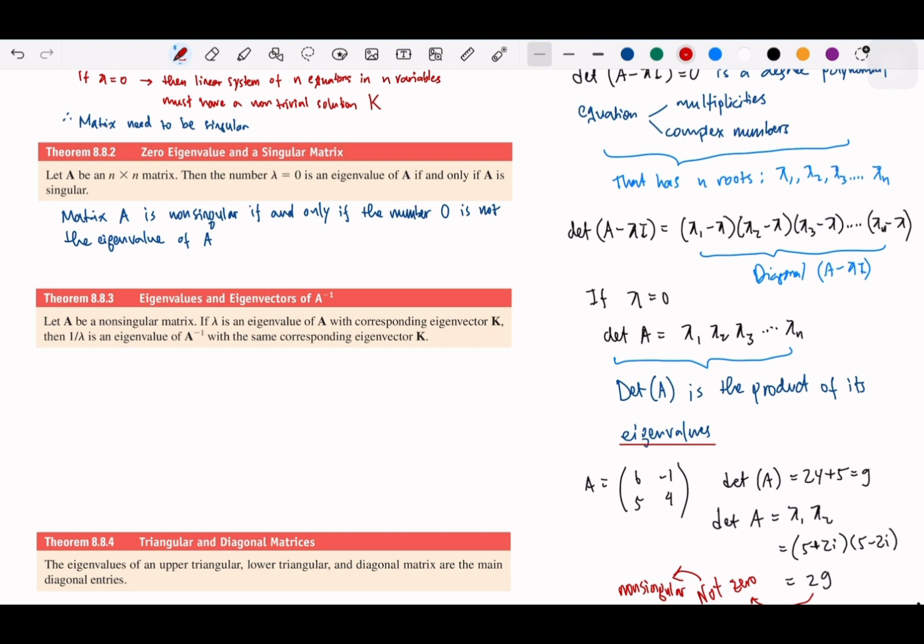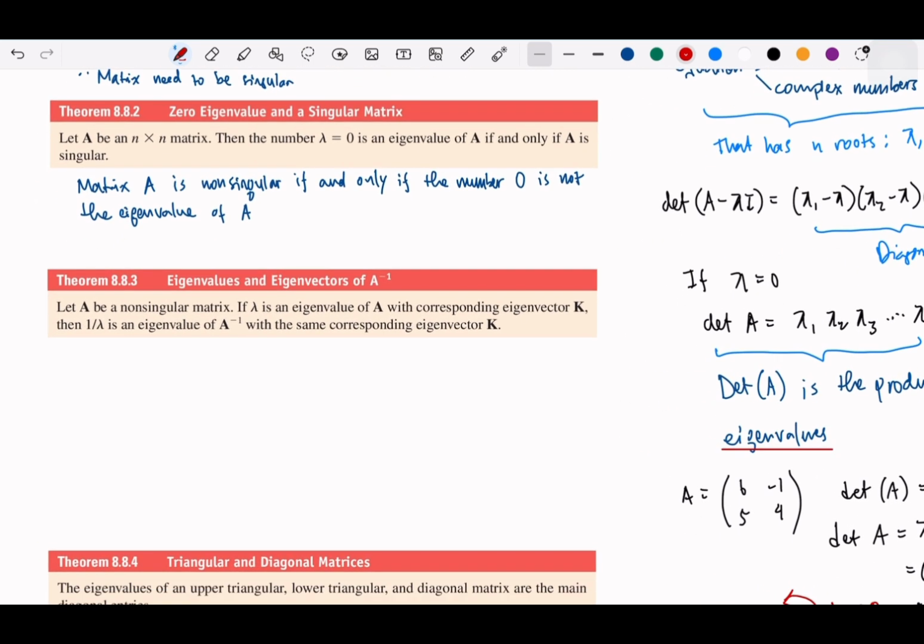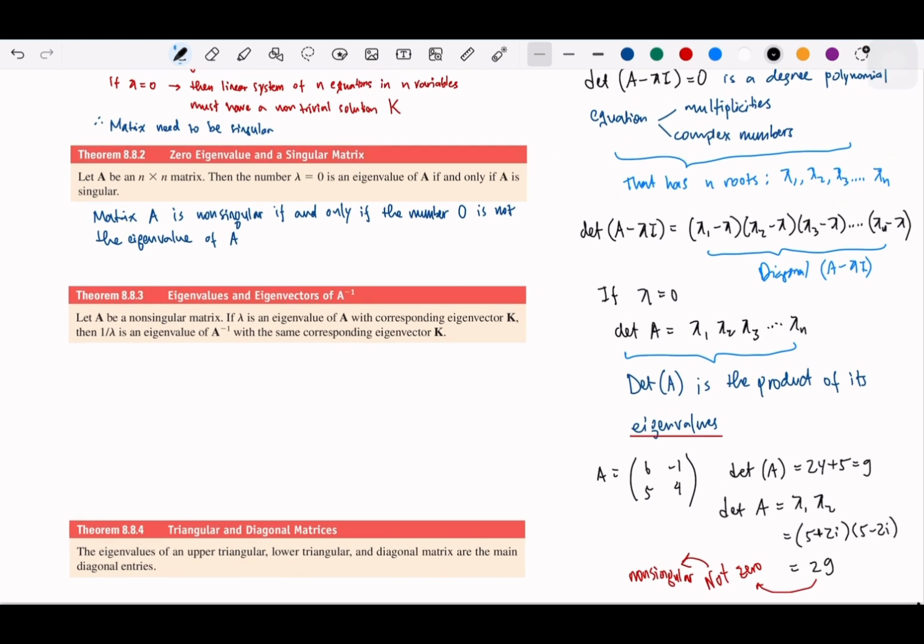I think we can see this from a basic identity in matrices. We start by taking A k equals lambda k.